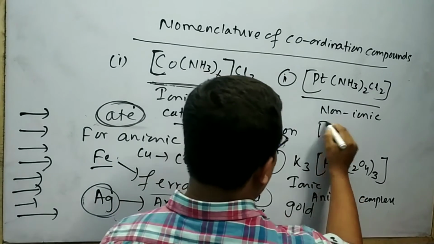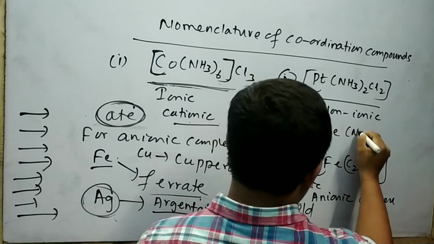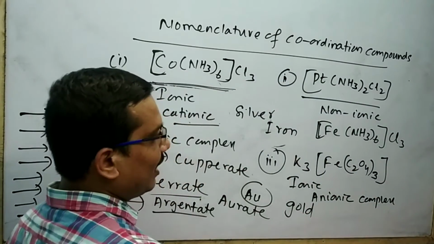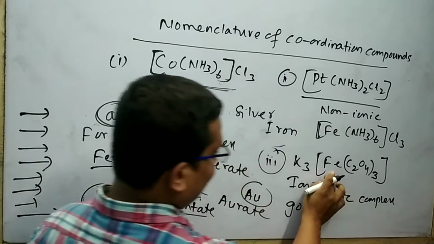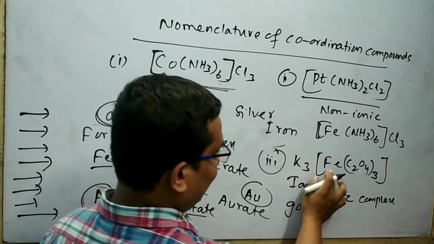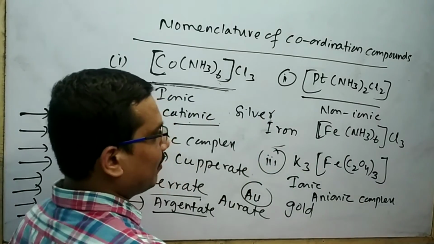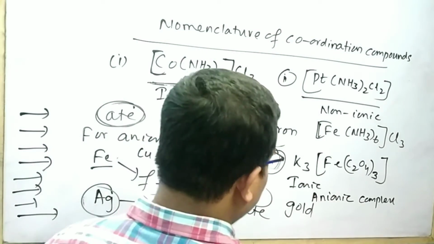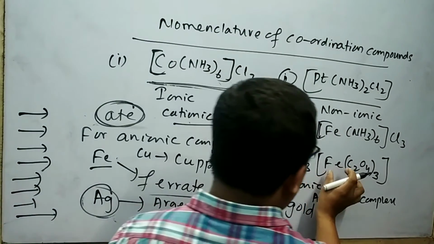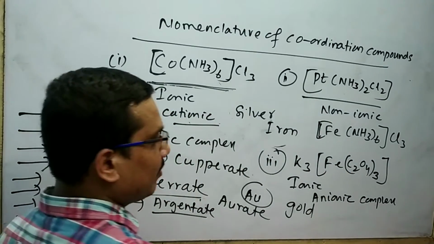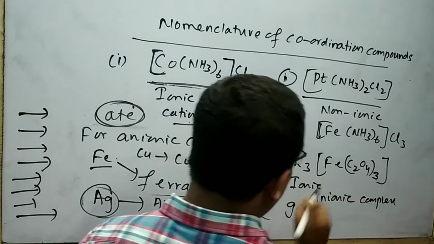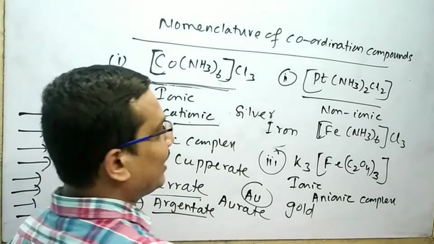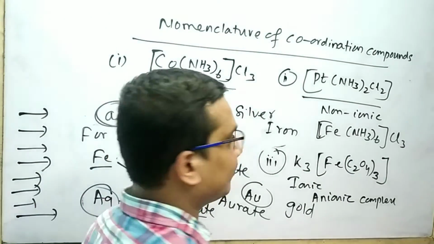Suppose I take an example, Fe(NH3)6Cl3. Look at that. In the anionic case, iron would be present in an anionic complex, but in this case, iron is present in the cationic complex. In the anionic case, the name of the central metal atom must be written as ferrate, but in this case, the name of the central metal atom is written simply as iron.